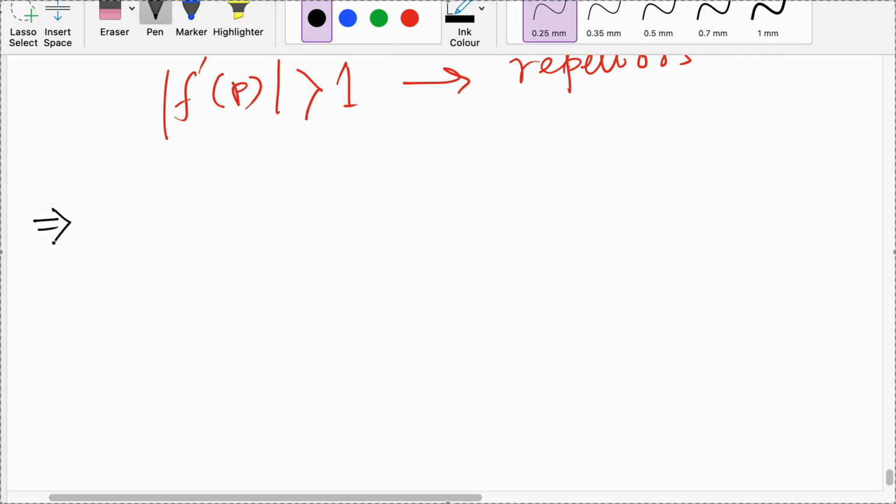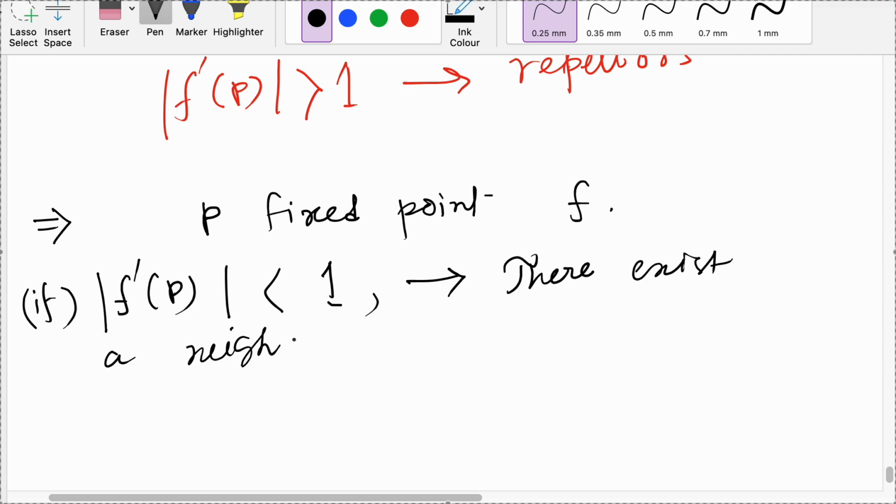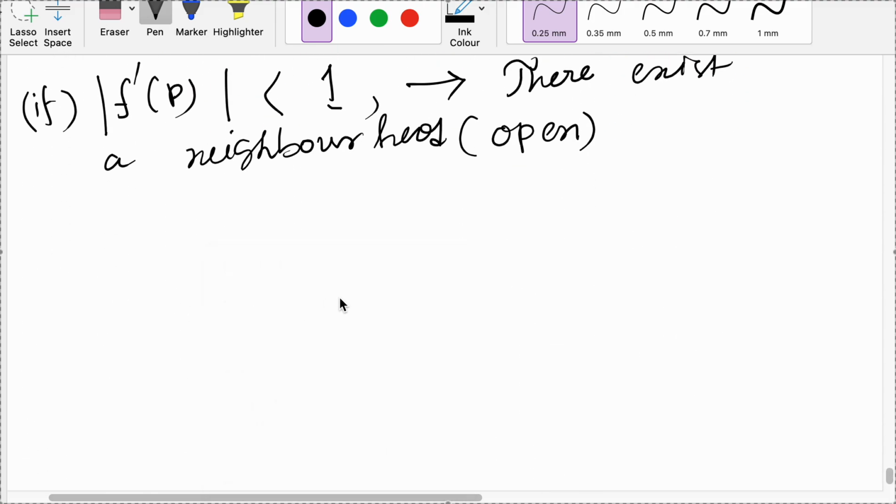The theorem says that if p is a fixed point of f, and if the magnitude of f prime p is less than 1, then there exists a neighborhood, called an open neighborhood. This means suppose you have a fixed point here.